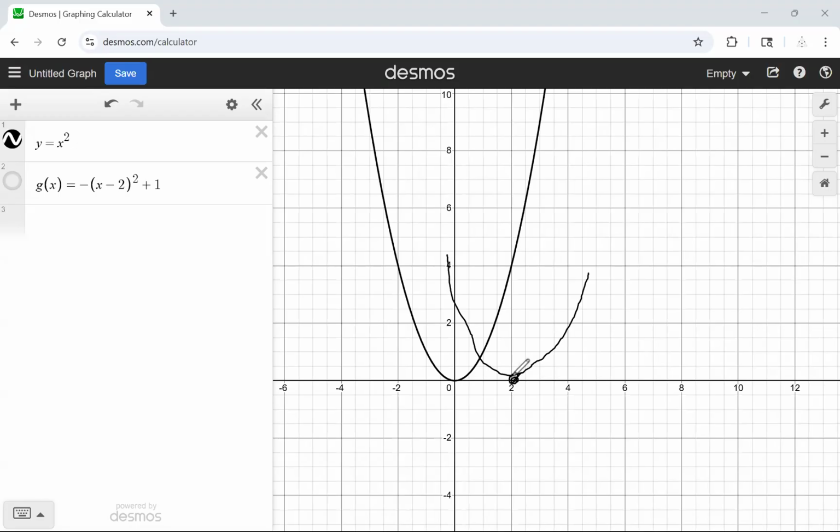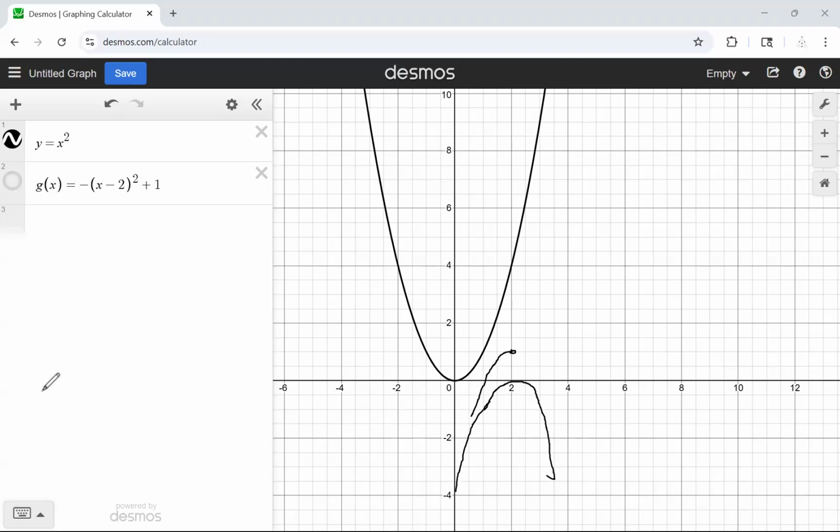Going through the point 2, 0, and then bending up both ways. And then I would flip that across the x-axis. So I would end up getting a parabola pointing down like this. And then I'd add 1. And so my new vertex of the parabola would be here, and I'd be pointing down.